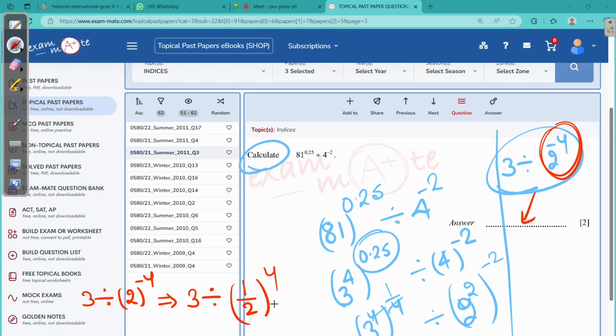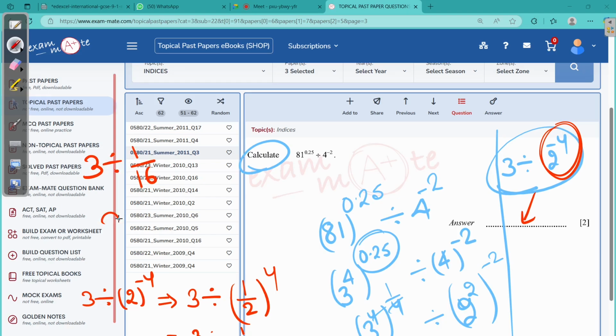See, I have changed the sign of the power, I have not executed this division now, right? Basically, this is 3 divided by 1 over 2 raised to power 4, because 1 raised to power 4 is 1. What is 1 over 2 raised to power 4? We can write 1 over 16, right?